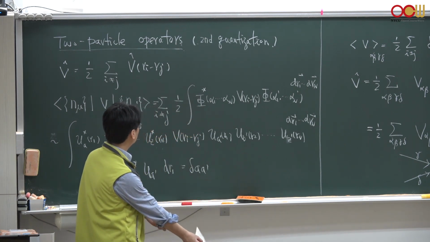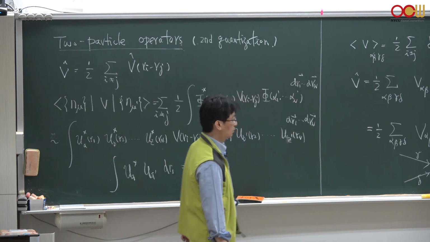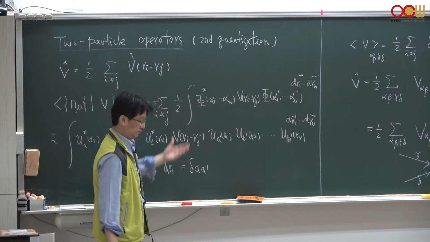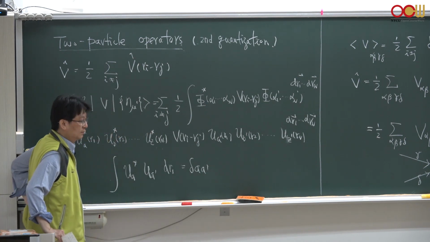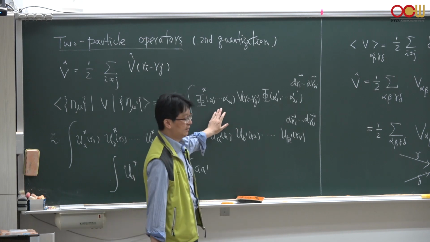Then we need to integrate over all the real space vectors R1 to Rn in order to get this matrix element. So that's first quantization in quantum mechanics.